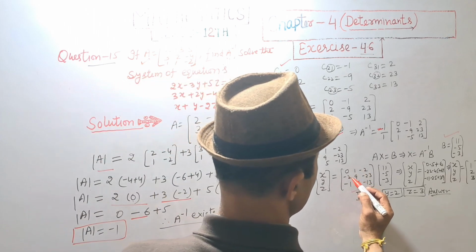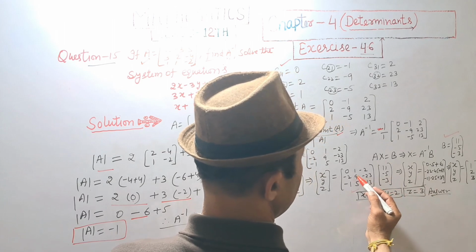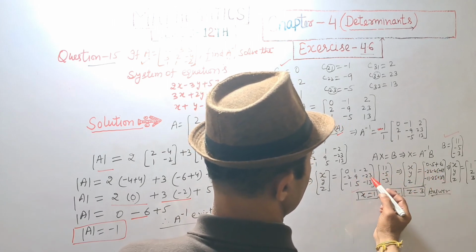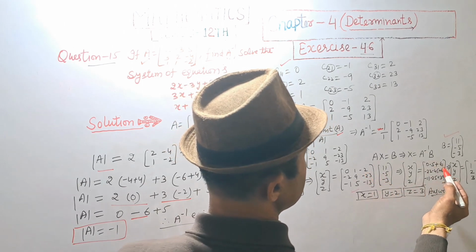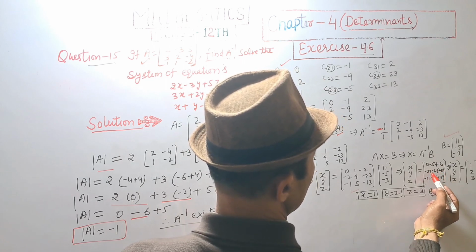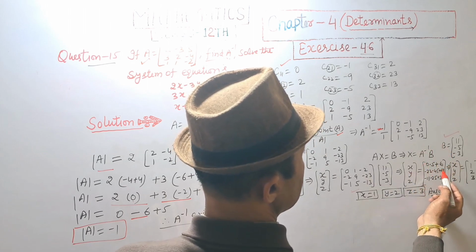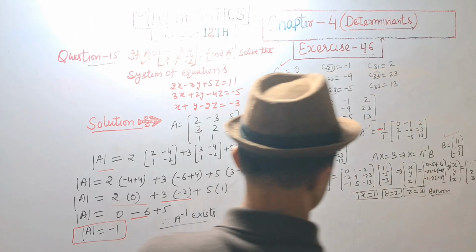Similarly, -2 multiplied by 11 that is -22, and 9 multiplied by -5 that is -45, 23 multiplied by 3, minus is plus, that is equal to 69, and 45 plus 22 that is equal to 67, -67, and 69 minus 67 we get the value of y that is equal to 2.